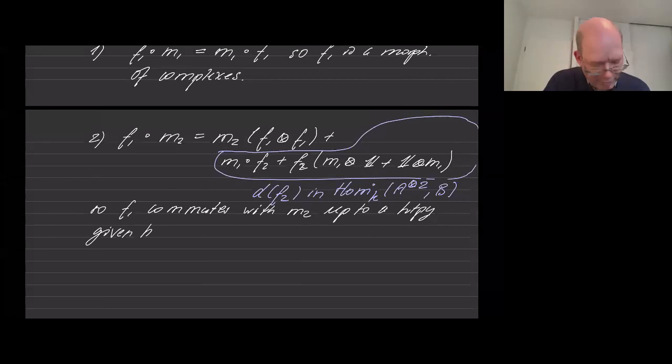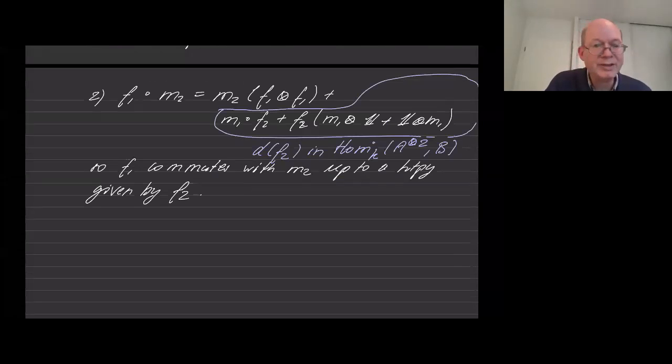In particular, in homology, F1 induces an algebra map.